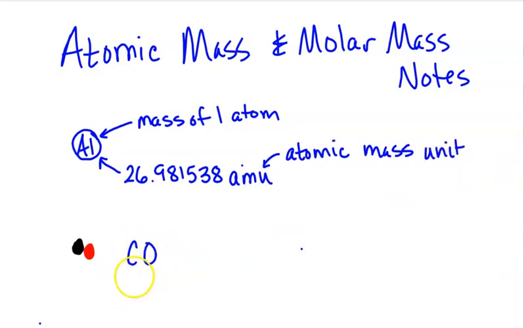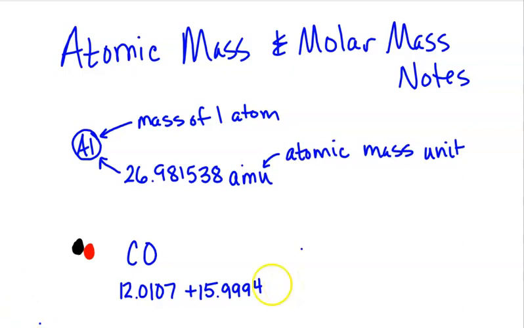The carbon, if you look up its atomic mass, is 12.0107 AMU. Then we add an oxygen to it. Look on your periodic table, the atomic mass is 15.9994. Then we'll get our calculators and add that up.